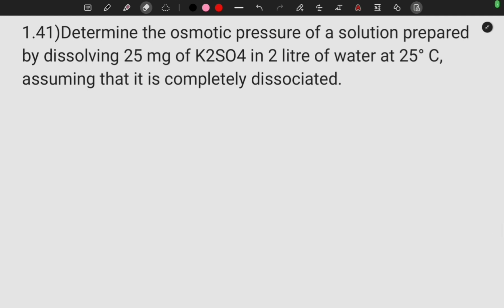Determine the osmotic pressure of a solution prepared by dissolving 25 milligram of K2SO4 in 2 liter of water at 25 degrees Celsius, assuming that it is completely dissociated. So here in the question it is mentioned potassium sulfate is completely dissociated because it's an ionic solid and strong electrolyte, which undergoes complete dissociation. So K2SO4 dissociates in water to give 2K plus and SO4 2 minus.